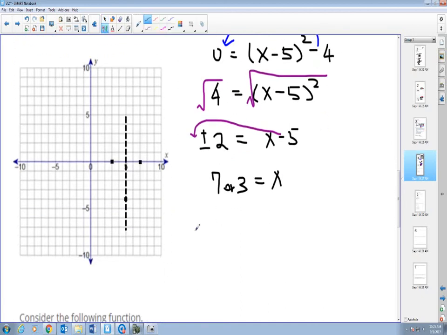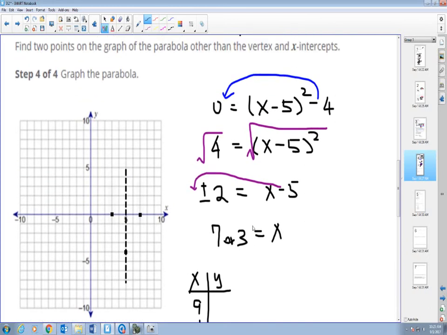I'm going to do 2 points to the right of 7, so that'll be 9. If I do 2 points to the left of 3, that'll be 1. And these 2 y values will be exactly the same, because it's got to be equal distance going back to the axis of symmetry.